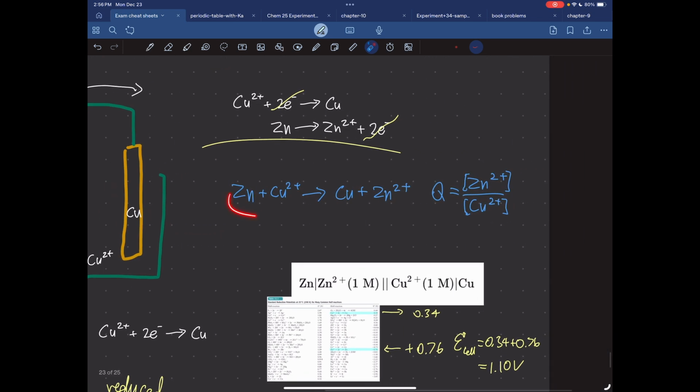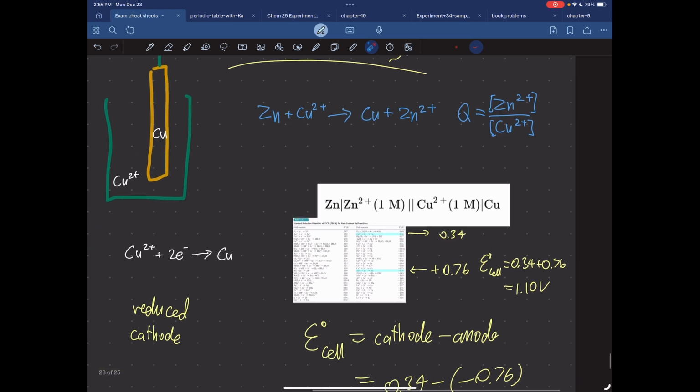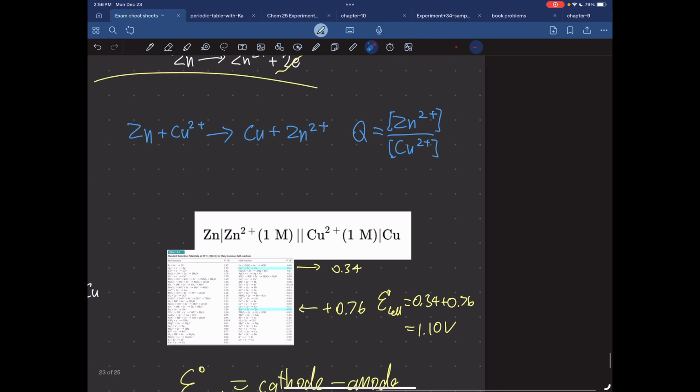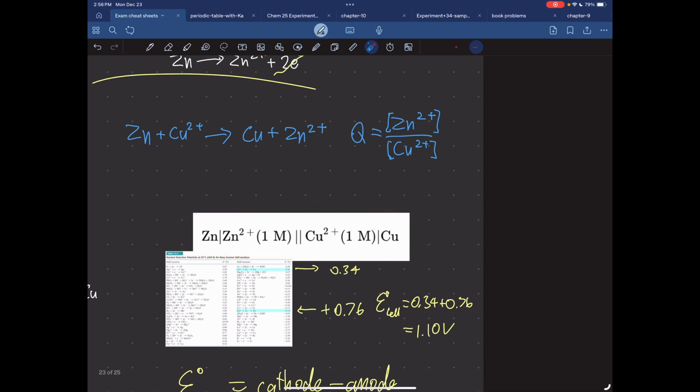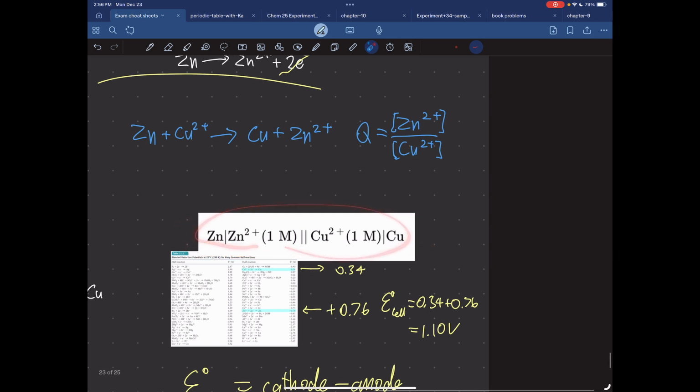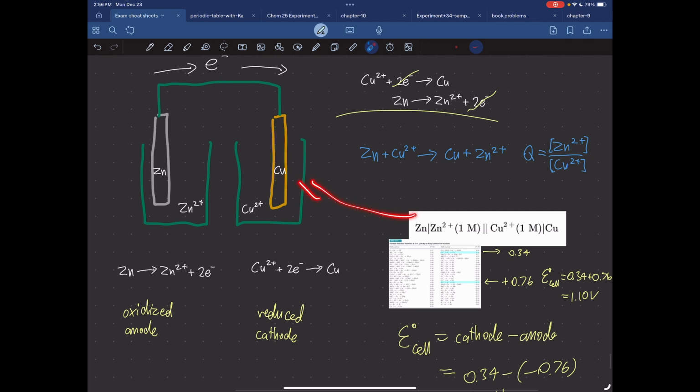And from this equation, you can find the mass action expression using these two, because those two are aqueous, but these two are solids, so they're not included in the mass action expression. And you use this in the Nernst equation, which I won't talk about here, but I'll talk about it later in another video. This is also the cell notation, which is basically the same as this.